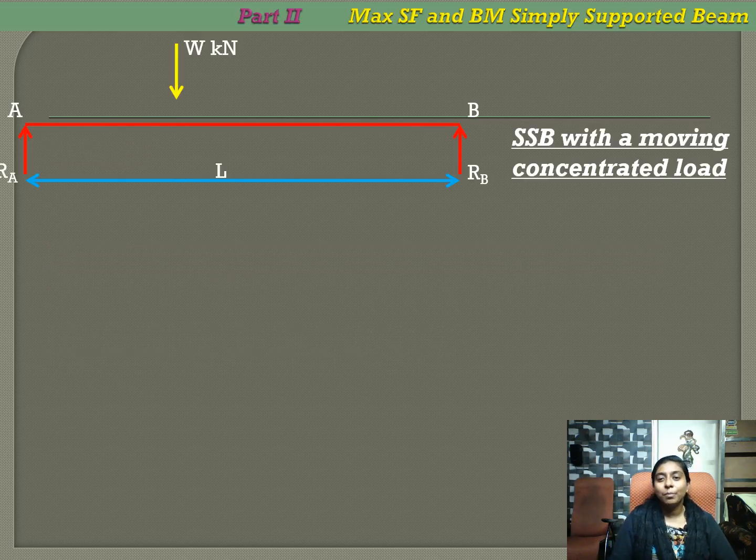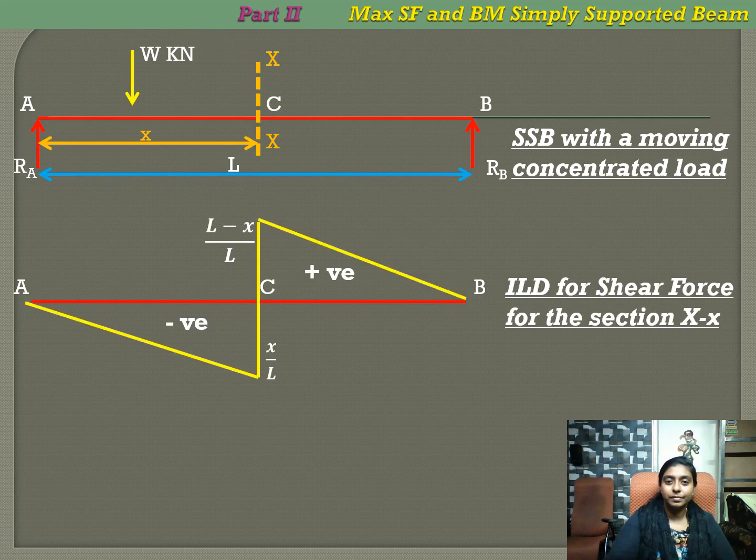This is our given beam, a simply supported beam with a moving concentrated load of magnitude W, moving from A to B. For a given section XX, we are taking that section at C, and the distance of the section is small x from A. We know the positive ordinate and the negative ordinate in the influence line diagram for the shear force for the section XX.